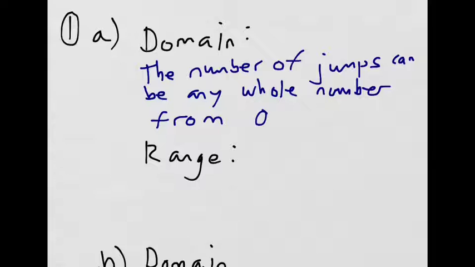It could be 0 all the way up to 7. All right, any whole number from 0 to 7. So he could jump 0 times, 1 time, 2 times, 3 times, 4, 5, 6, up to 7, and then he takes a nap. So those are all the possible values that n can be.